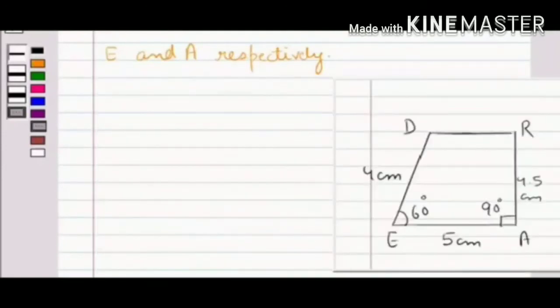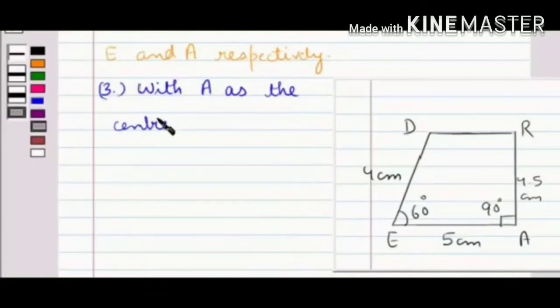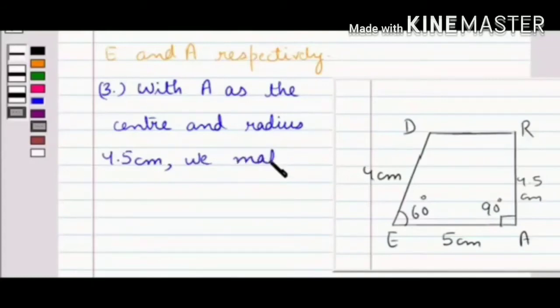Now our next step would be to locate the point R where AR is 4.5 centimeters. To do this, what we do is, with A as the center, and radius 4.5 centimeters, we make an arc on the ray AX.